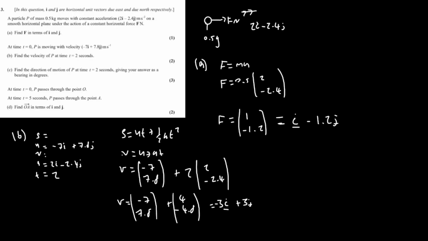So if we look at what we have, minus 3i plus 3j, and that's the direction we want. So that's going to be 3 this way, and then 3 up. And that's going to create this here. I'm going to say this is theta. I'm just going to draw a vertical line and say this is north.